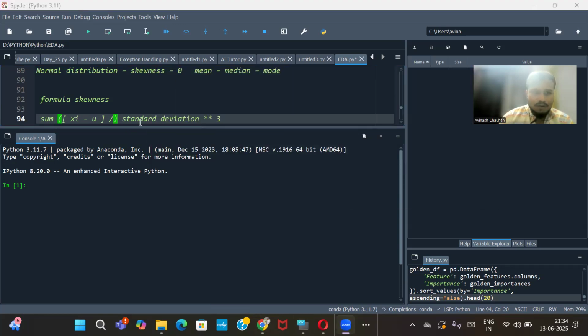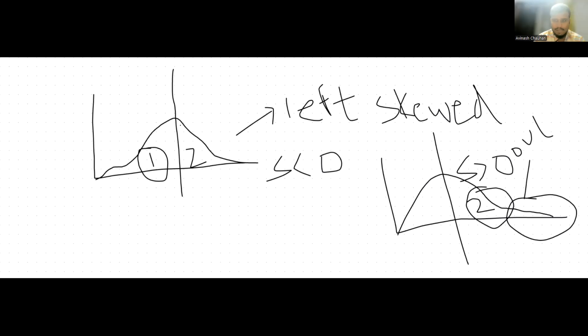So this is my formula for skewness. Let me show you by writing it.